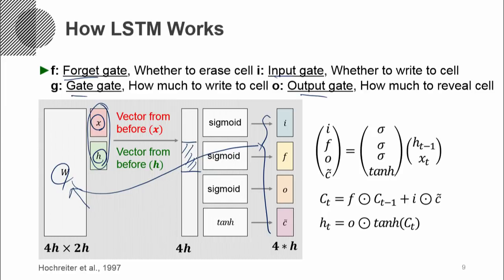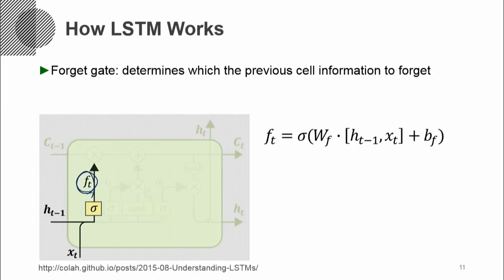As we can see, it goes through this sigmoid transformation, and then the generated vector will have the same dimension as this cell state vector.